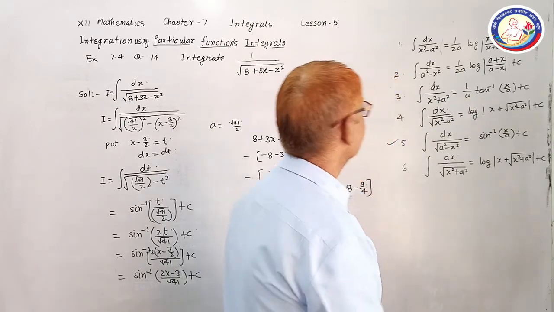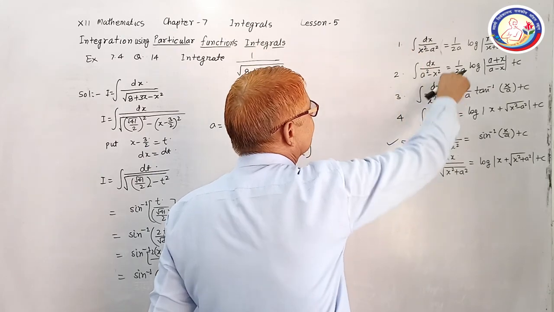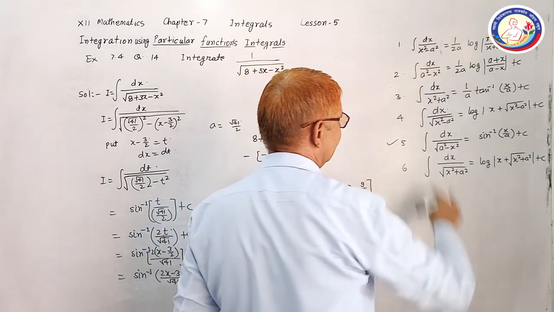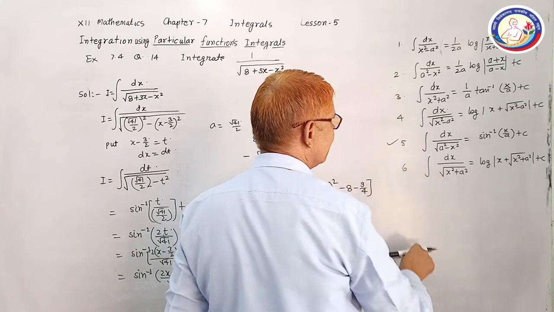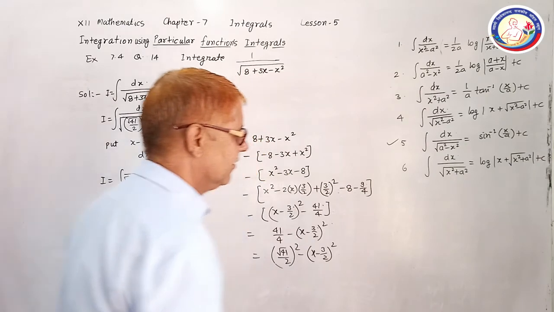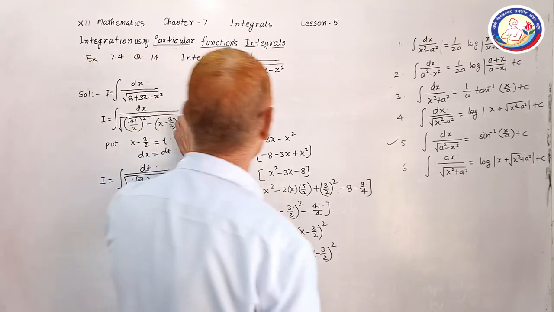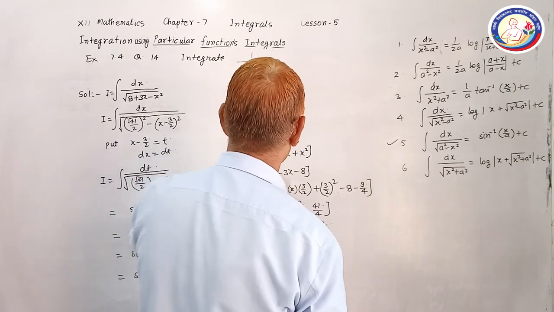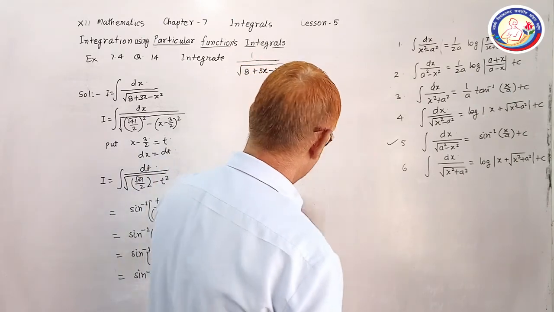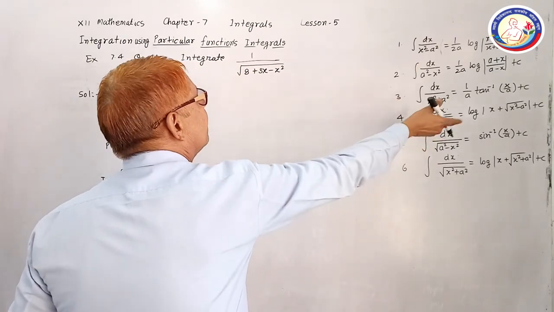And then we will use the first 3 formulas if it is without square root, and out of formulas 4, 5 and 6 if it is with square root, and then we will proceed. So for the solution, first of all we must decide the way of solution and then proceed. We will get the answer. In the next lesson we shall take some difficult problems related to these particular integrals.